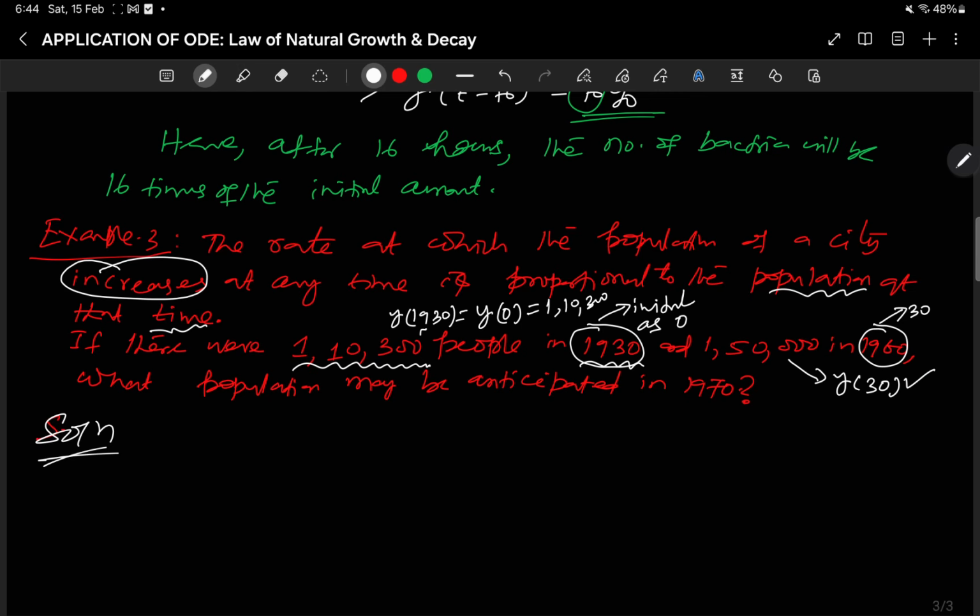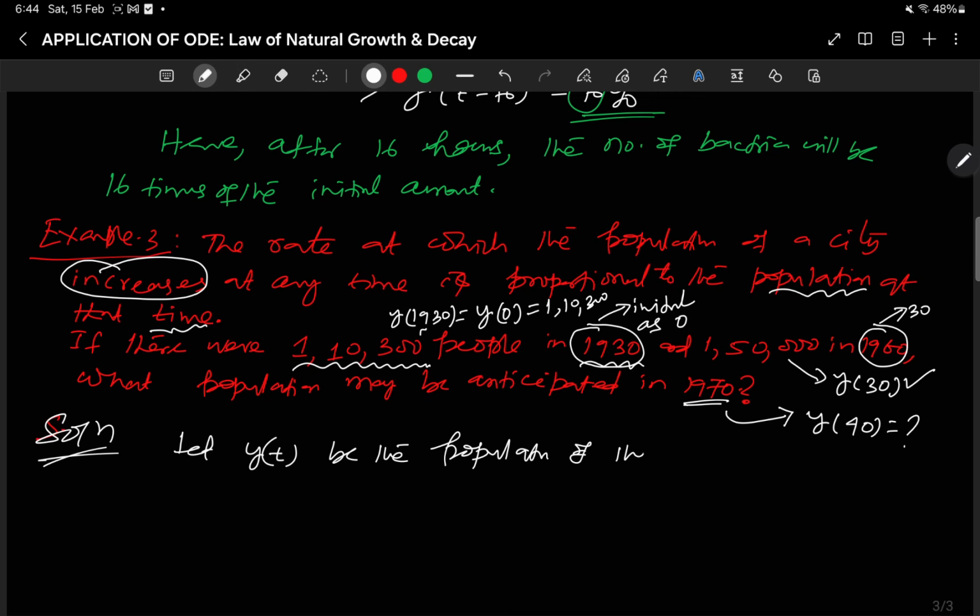So we get two conditions here. Then we are asked for 40, so y of 40 will be what? Let y of t be the population of the city at any time t.